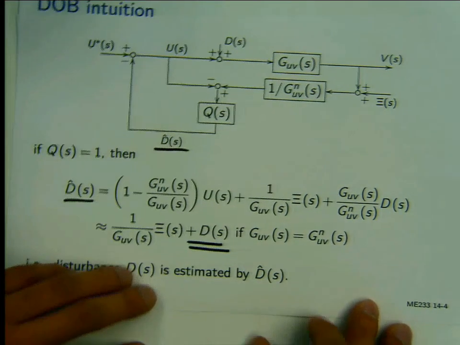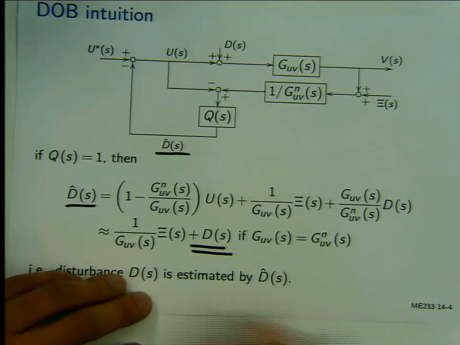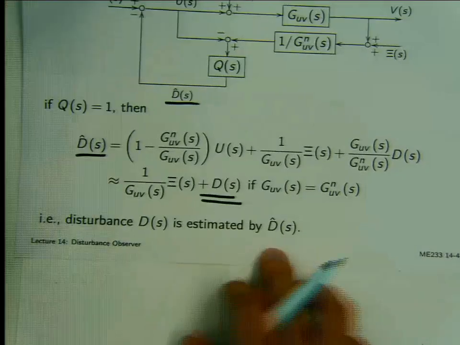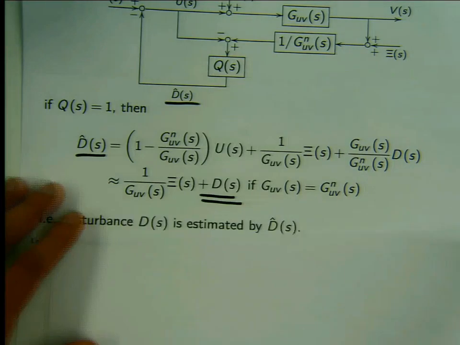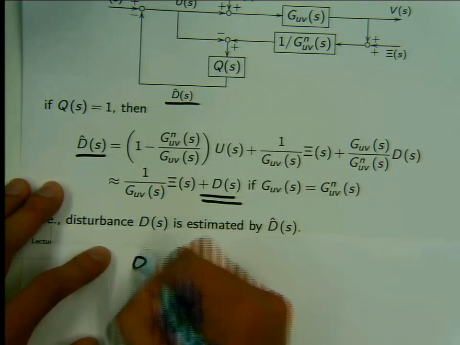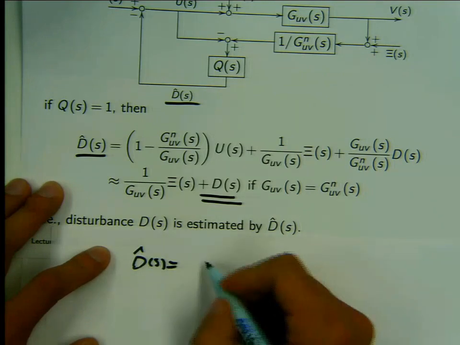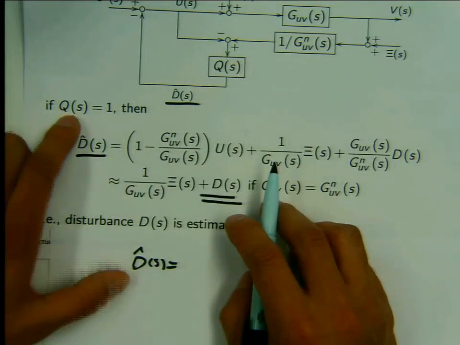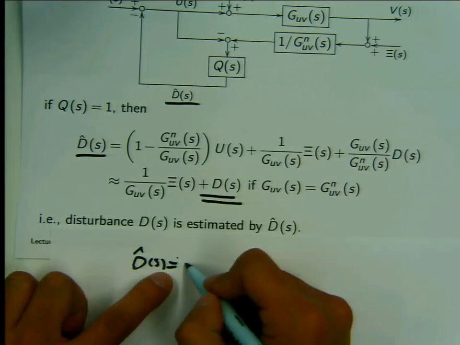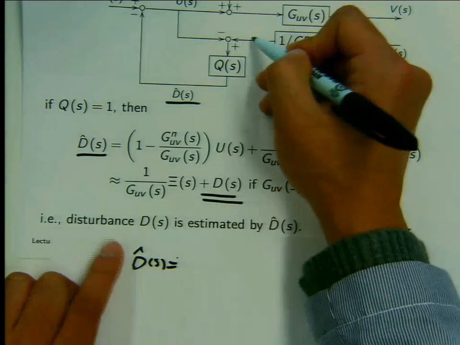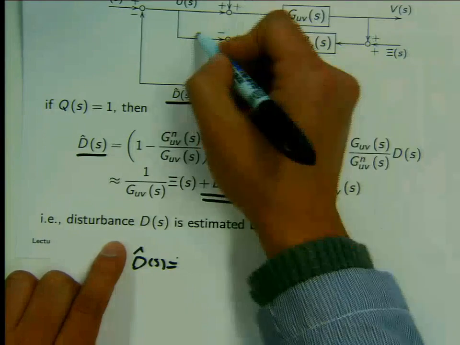Let me see. You might be correct. So to see this, it's a good exercise. Let's derive this and see if there are any typos. Let's see, D hat equals QS. QS, so this assumption is if QS is 1, so I won't have this QS term. So it's 1 times this signal here, signal 1 minus signal 2.